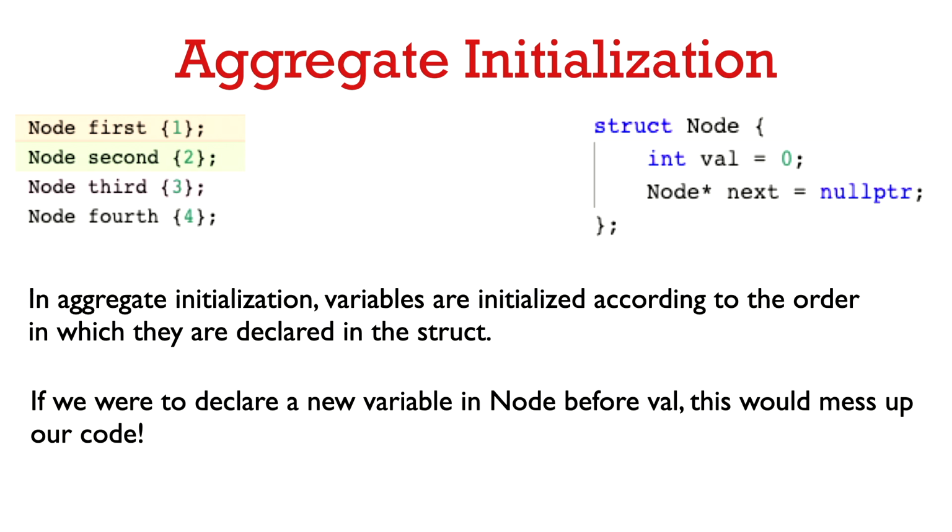There's something to watch out for when you're using aggregate initialization. Since the values in the list are used to initialize member variables in the order in which the member variables are declared, if this order is later changed, or if a new member variable is added and put first in the struct, then this is going to mess up your code. So for this reason, it's always best to add new member variables at the bottom.